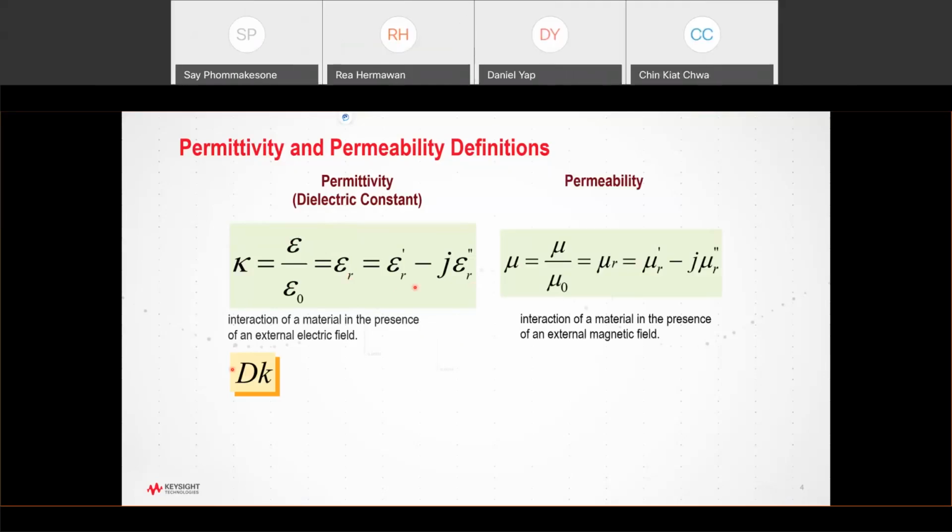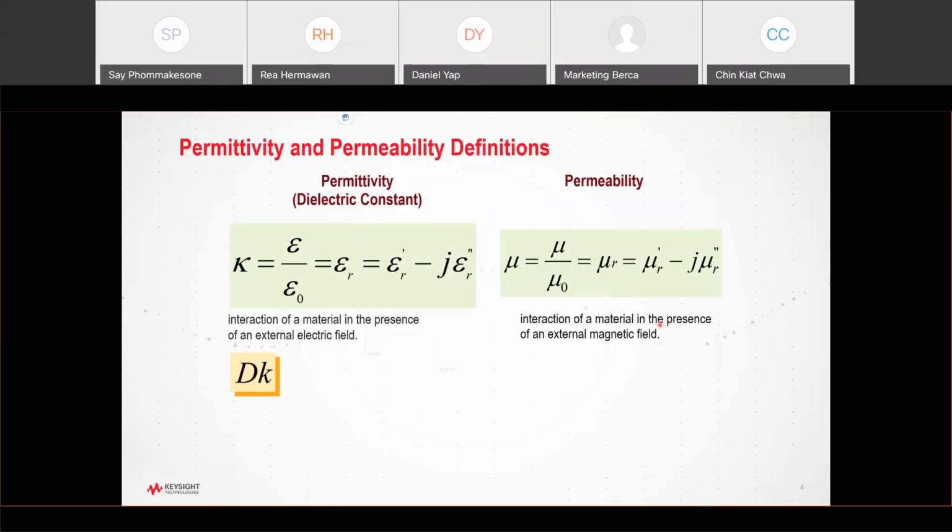The same applies to permeability measurement, exactly the same, except that this is used to measure the magnetic properties of a material that interacts with a magnetic field. How it interacts with a magnetic field is exactly the same as with an electric field, except this is for magnetic materials.